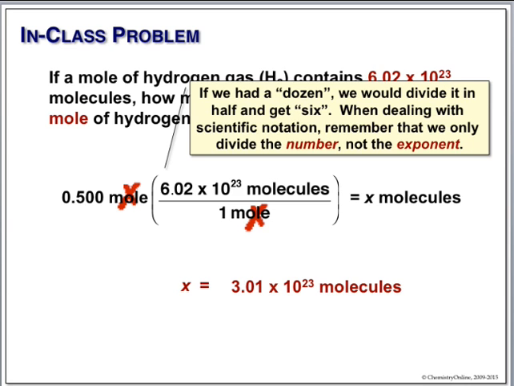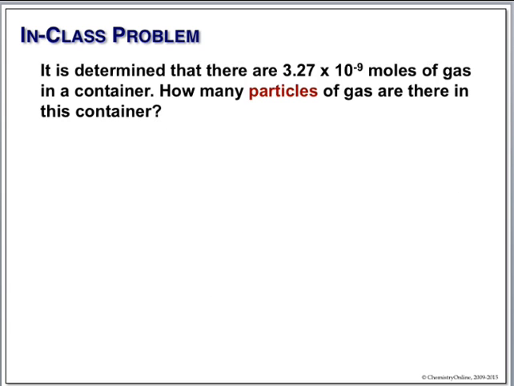Let's do another one. We have 3.27 times 10 to the minus 9 moles of a gas. How many gas particles does this represent?